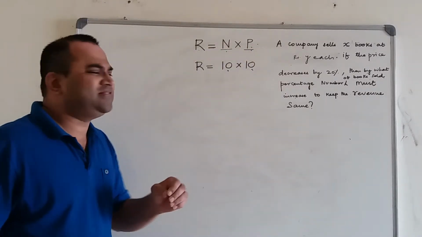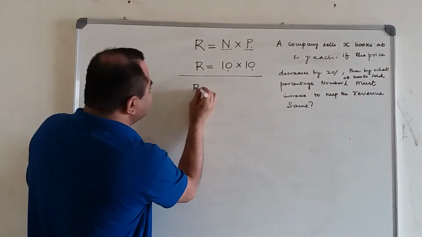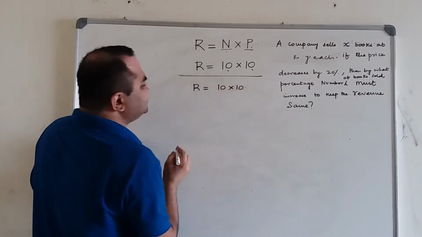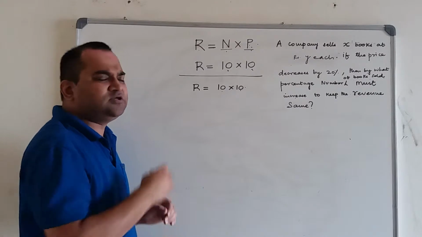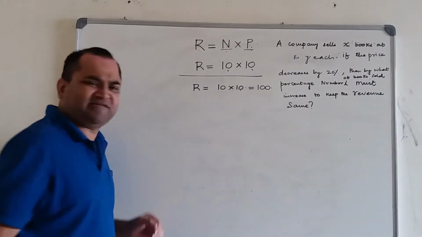So let's go ahead with the solution. Let us take revenue as 10 into 10. That is, 10 books are sold at 10 rupees each. So the revenue or income would be 100 rupees.